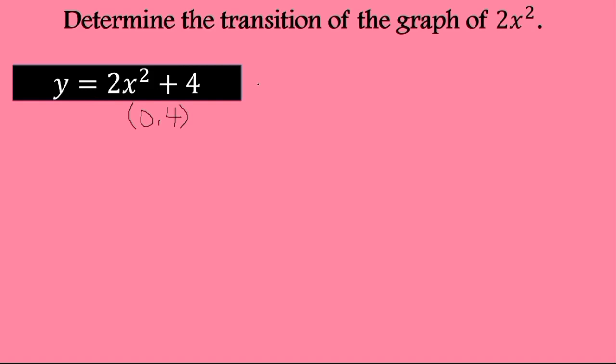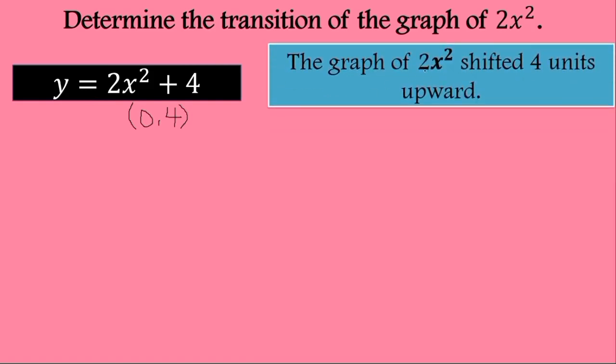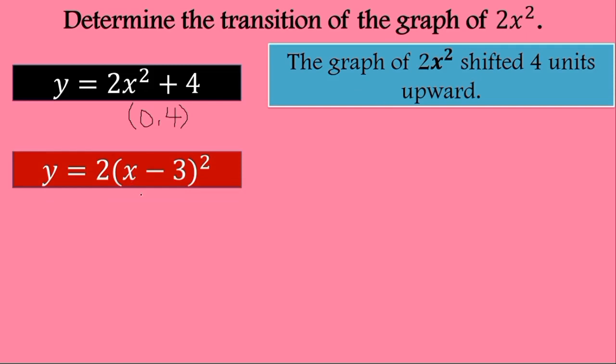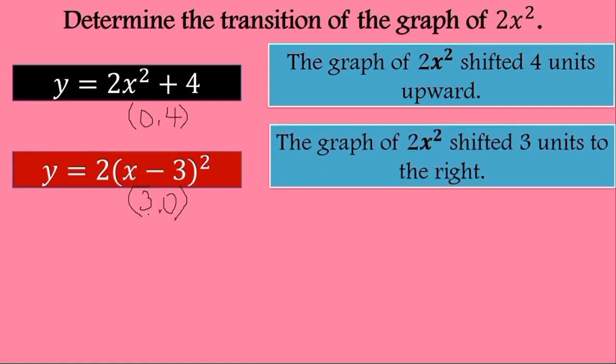So with that, the transition is the graph of 2x squared shifted 4 units upward. Because the value of h is 0, it does not shift from left to right. Here, the value of h, k is 3, 0. Therefore, the graph of 2x squared shifted 3 units to the right.